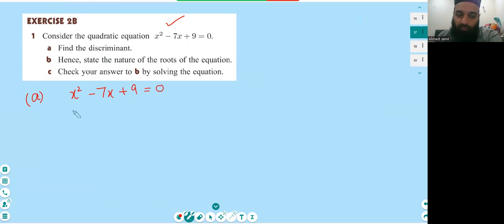If we compare this quadratic equation with the general form, ax squared plus bx plus c equals 0, we can conclude that a equals 1, b equals negative 7, and c equals plus 9, right? So I'm writing here a equals 1, b equals negative 7, and c equals 9. Got it?